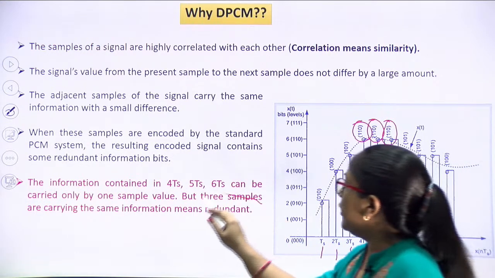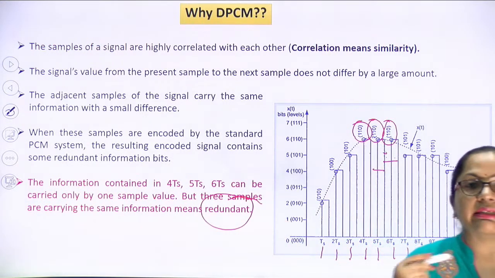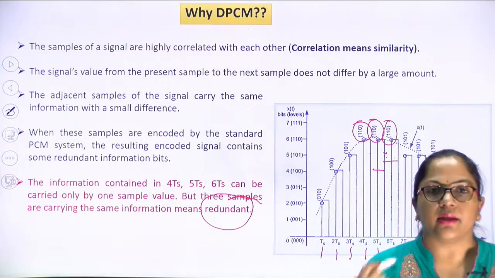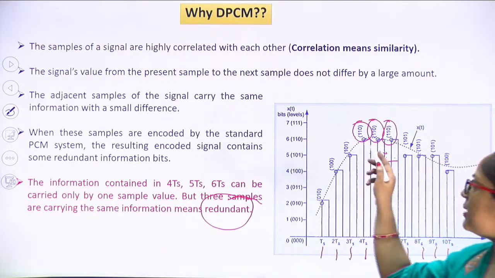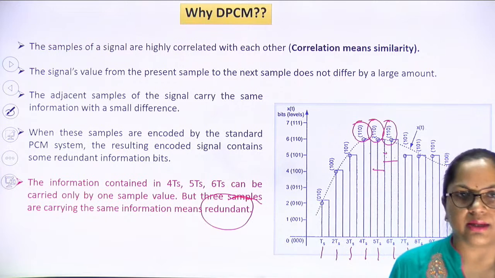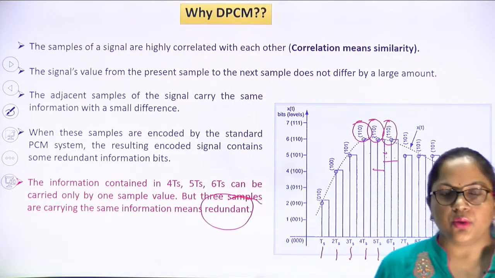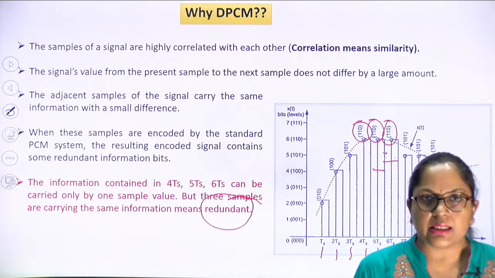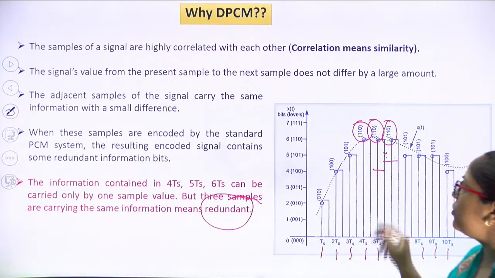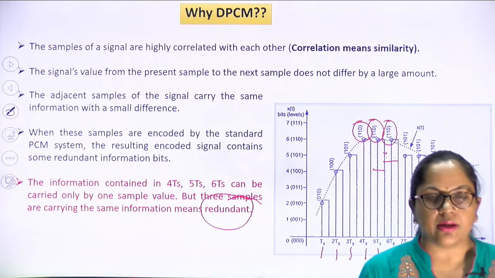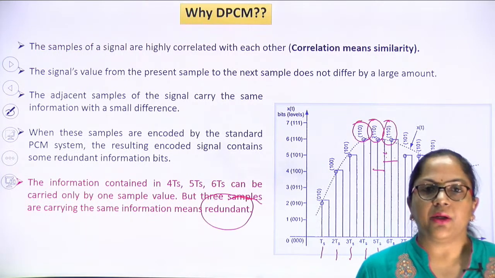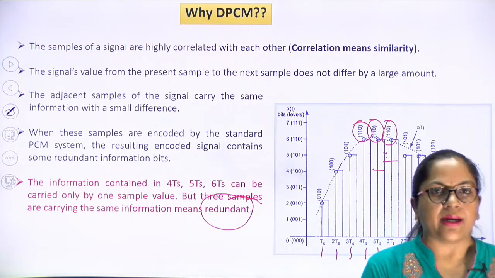Redundant information means the adjacent samples are carrying the same information. So in DPCM, by taking the difference of adjacent samples, we can reduce this redundant information and finally save the transmission bandwidth.